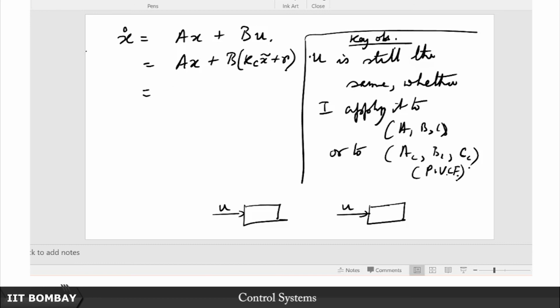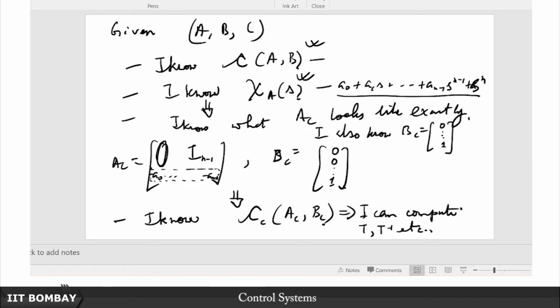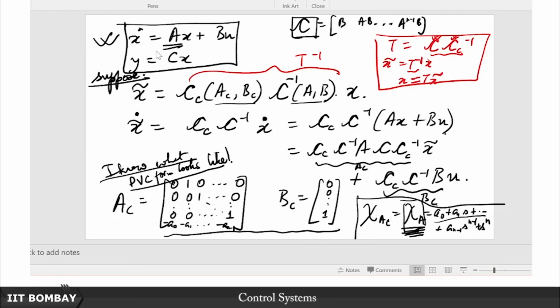So therefore this is Ax plus B, and now I have to go from this x tilde to x, and that is simple. I know that x tilde is equal to T inverse x. What is T inverse? This is C inverse.